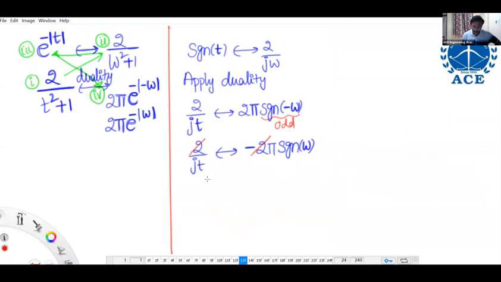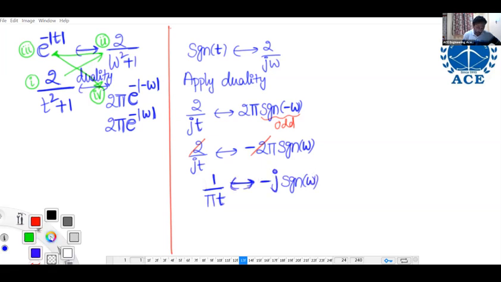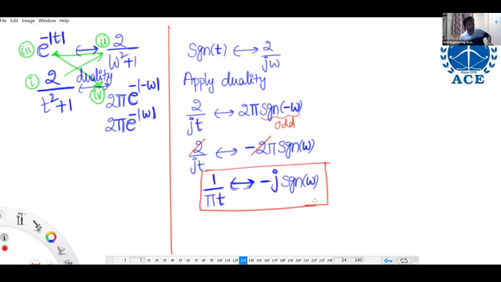Take pi to the left side, cross multiply j. 1 by pi t has spectrum minus j signum omega.